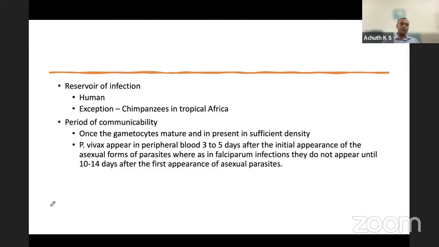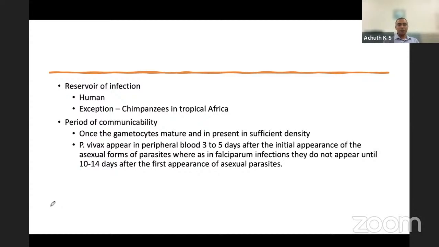Period of communicability. Once the gametocytes mature and are present in sufficient density in the human body, in vivax, the communicability starts. Till then, if they are not in sufficient quantity or density in the blood, the gametocyte doesn't get matured.